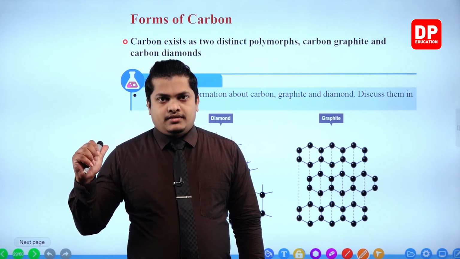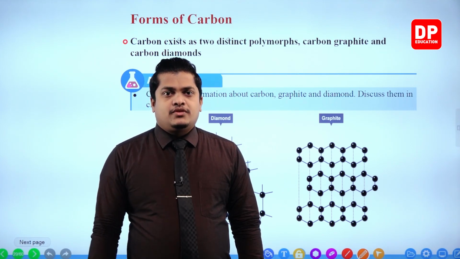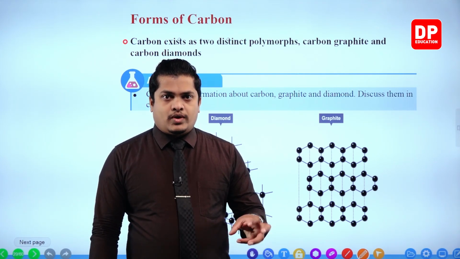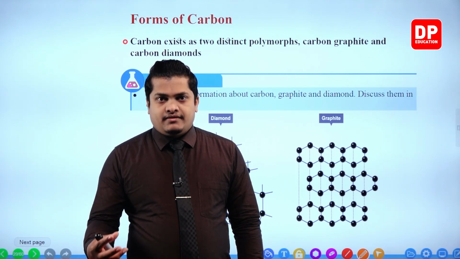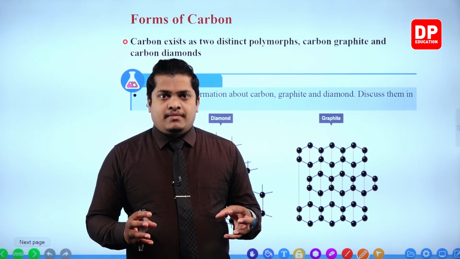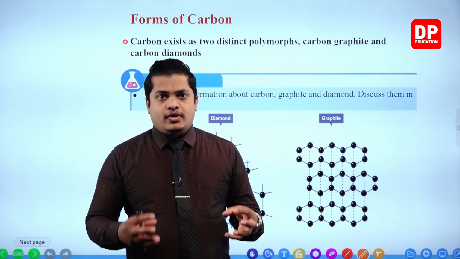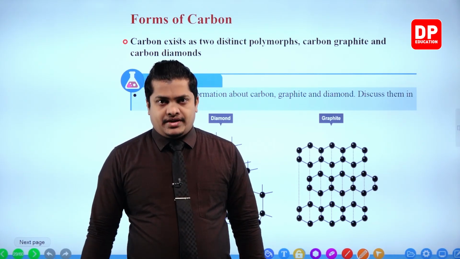One is carbon, another one is sulfur. Sulfur is also polymorphic. We can observe white sulfur and also yellow sulfur. Both are made up of sulfur, but according to the structure and the bonding nature, the colors change along with their physical and chemical properties.